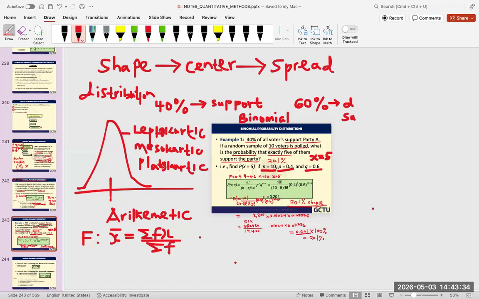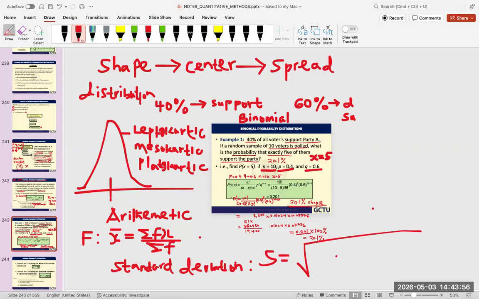And then we went ahead to find the spread, and the spread was the standard deviation we learned. To remind you of the formula, standard deviation S is equal to the square root of sigma fx squared divided by sigma f, minus sigma fx over sigma f, all squared.